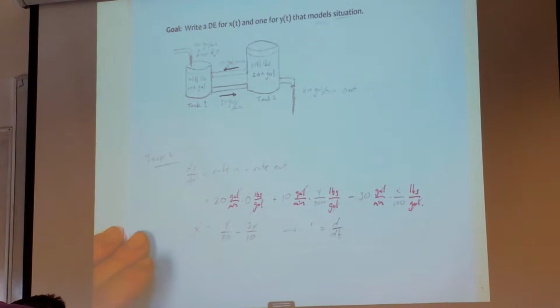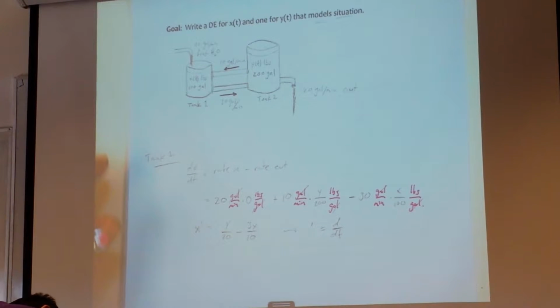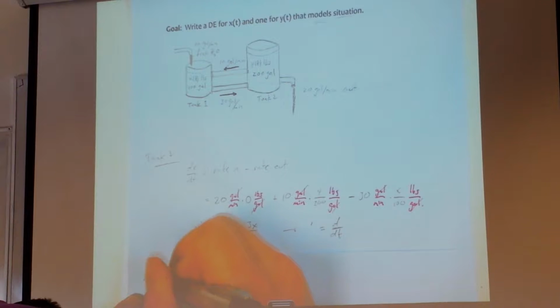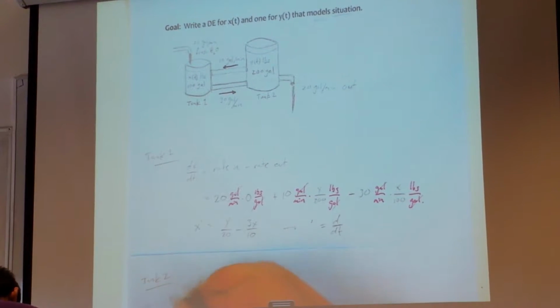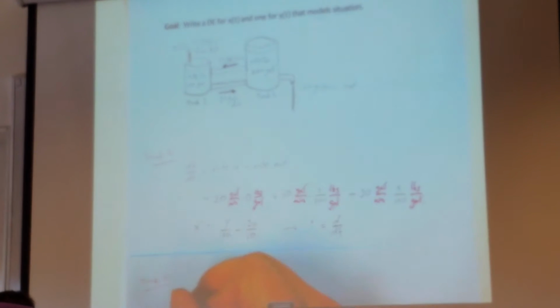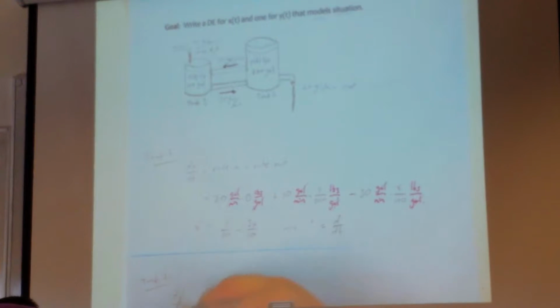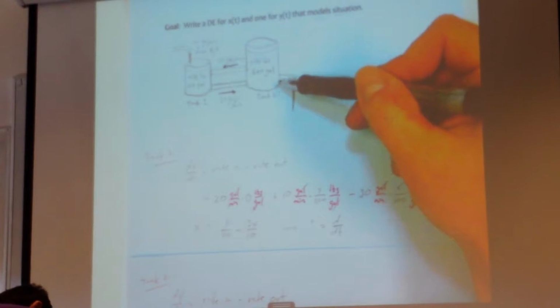All right, so that's tank 1. Let's do the same thing for tank 2 here. Same sort of analysis, and in this case, we're calling it y. So the change in weight of salt, dy dt, is rate in minus rate out. So tank 2, what's coming into it?